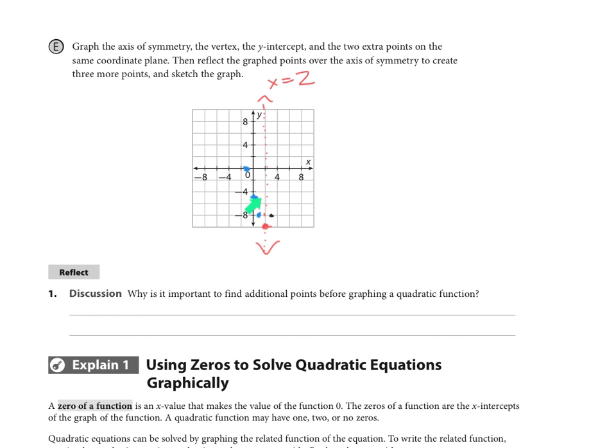Here I'm 2 units away, so I go 2 units away on the right side and put another point directly across. This is what we mean by symmetry. Here I'm 3 units away, so I go 3 units away and put another point. And that allows me now to draw my parabola. Think back to the equation itself. We knew that the A was positive, therefore it should be opening up. So this fits that.